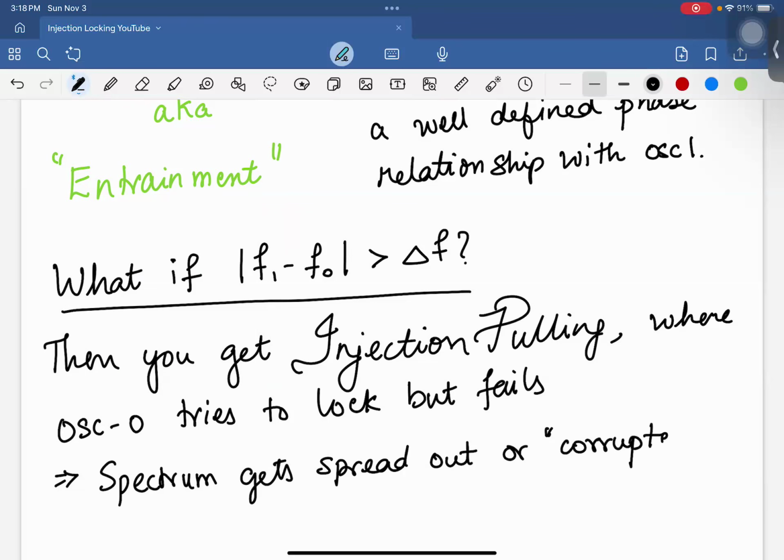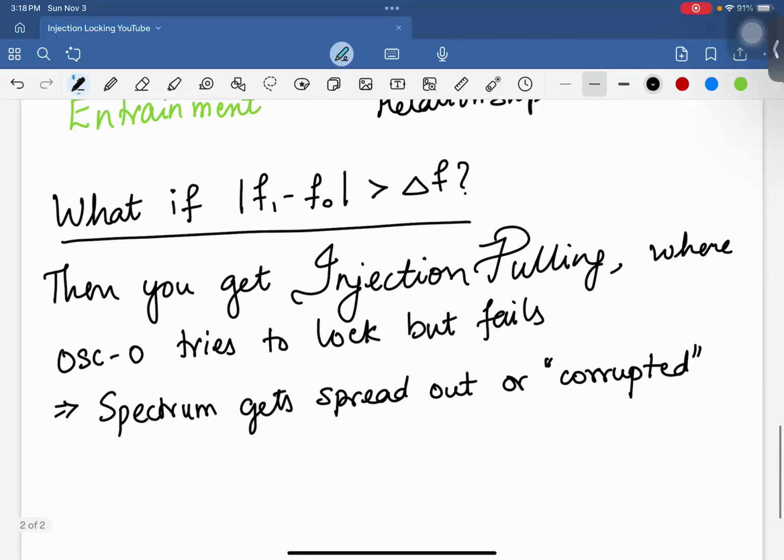This is just a phenomenological introduction. We will discuss injection pulling in a separate video in more detail, as to what the spectrum looks like and quantitatively what exactly this is. But that's what happens. It tries to lock, fails, and then the frequency moves around, and even the phase becomes unstable in some sense.